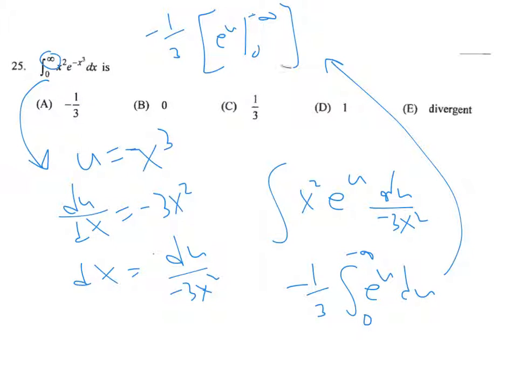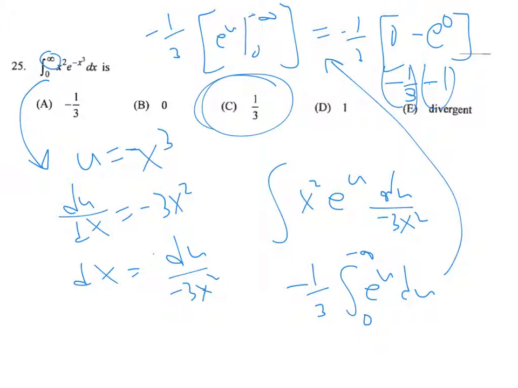At negative infinity, I have negative 1/3 times e to the negative infinity, which is 0, minus e to 0, which is 1. So it's negative 1/3 times negative 1, and that's going to be positive 1/3.